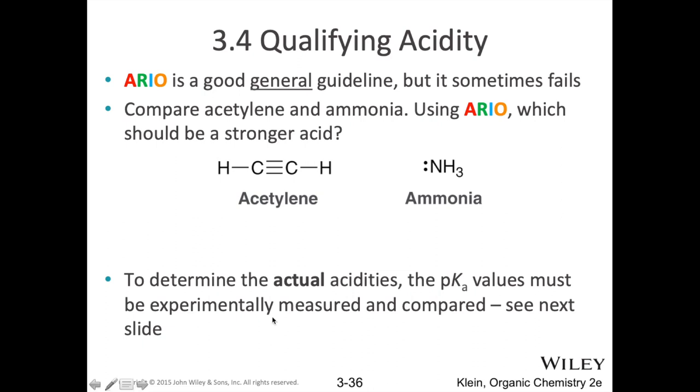So if you looked at, for example, acetylene here and ammonia here, and you said, well, which of these would be better at getting deprotonated and having a negative charge on that atom? Well, you'd say, okay, nitrogen is more electronegative than carbon, so ammonia ought to be a better acid.